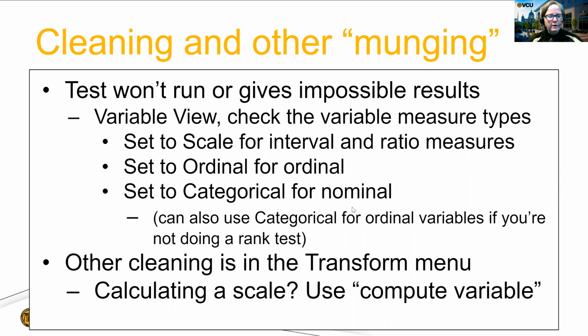If you have a categorical or nominal set to scale, and sometimes things come down wrong when we download them, it will try to treat 1 for outpatient as a value of 1 and 2 for inpatient as a value of 2.